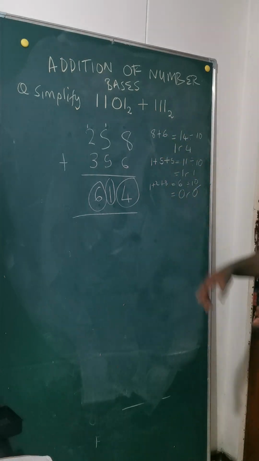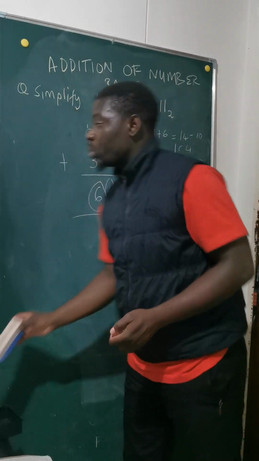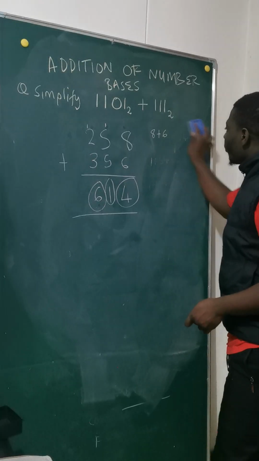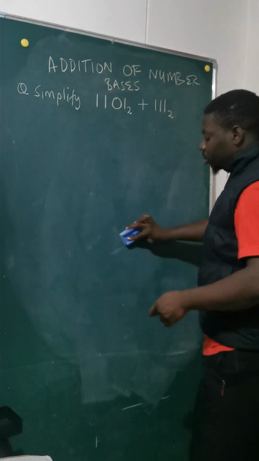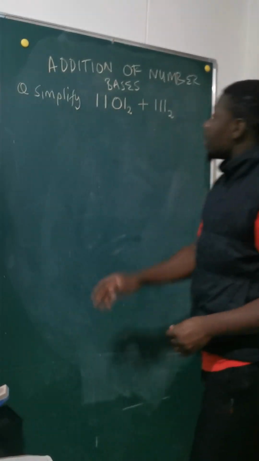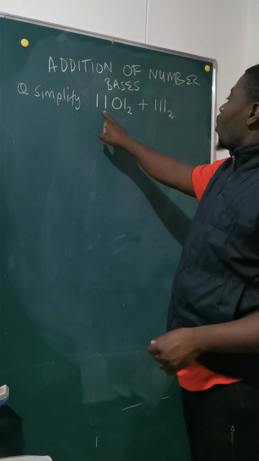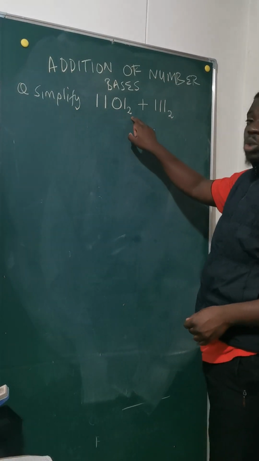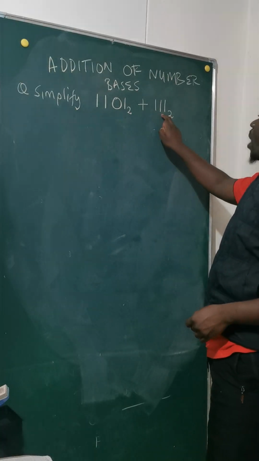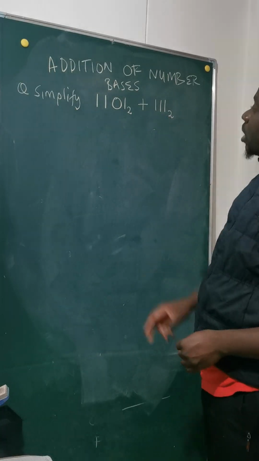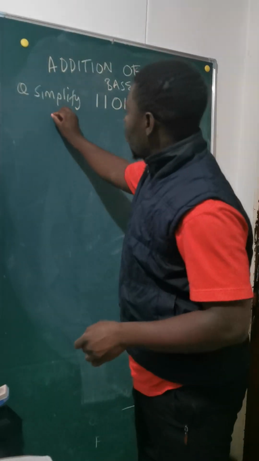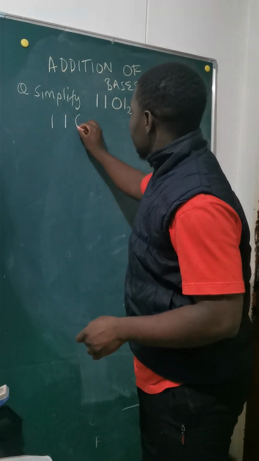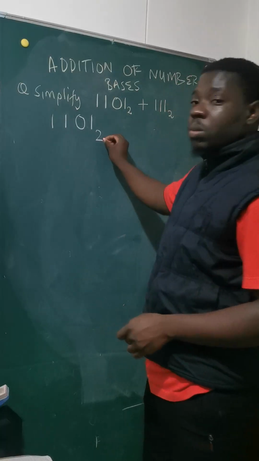Now let us go on to our example that we have written here. It says simplify 1101 in base 2 plus 111 in base 2. So what we are going to do, we are going to write it just as it is. 1101 in base 2.